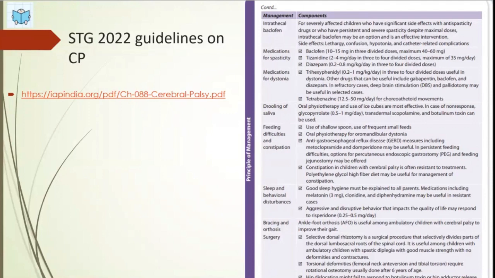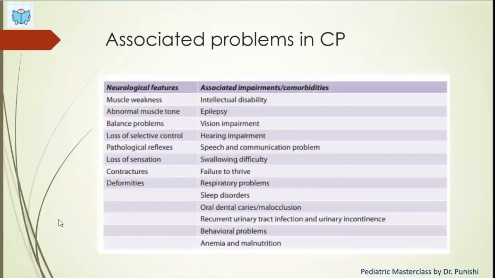Now, what are the commonly associated problems in CP? You can have abnormal muscle tone, balance, reflexes, contractures, hearing impairment, vision impairment, etc. These associated comorbidities again need to be taken into account, and everything should be done to address these problems, because in CP you need to aim to facilitate treatment options so that the child is able to at least live a life of dignity, and should at least be able to take care of himself on their own, at least do the basic activities.